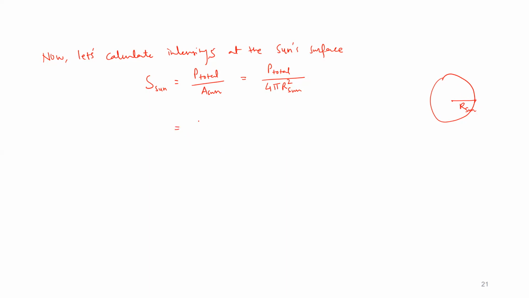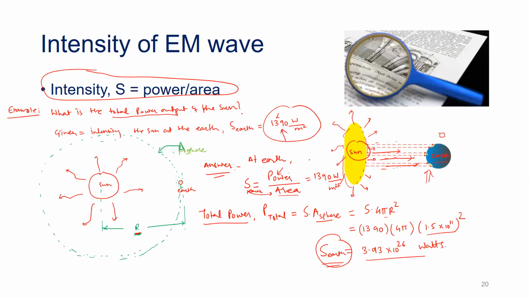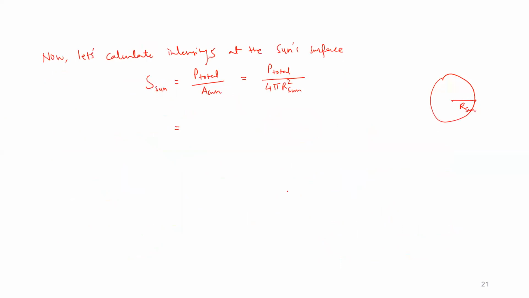So can we plug in the values? The total power we just calculated in the previous slide: 3.93 into 10 to the power 26 watts, divided by 4 pi, and the radius of the sun, a fixed number we know from general knowledge, 6.96 into 10 to the power 8, squared because it's r square.